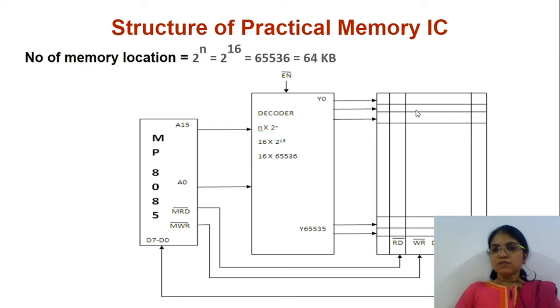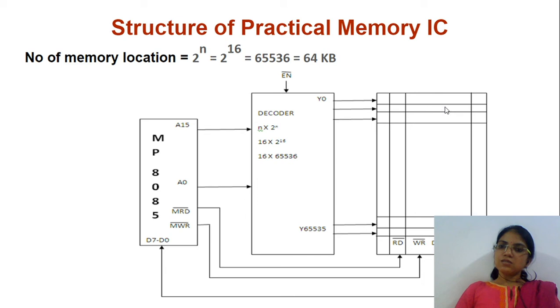So again I revise. For the memory writing operation, first of all select the specified memory location. For selecting the specified memory location, transfer the address of memory on A15 to A0. After transferring the address on the address lines, one of the outputs of the decoder is activated, and the output of the decoder is connected with the particular memory location, and according to that our specified memory location is selected.